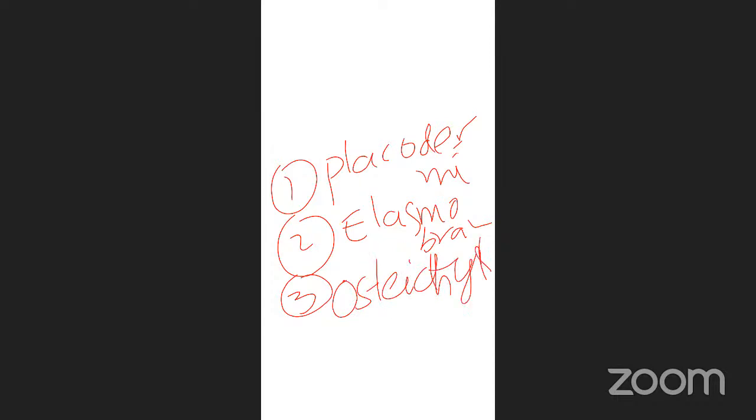So 3 classes are there in the fishes. First one is Placodermi. Second one Elasmobranchi. Third one Osteichthyes.